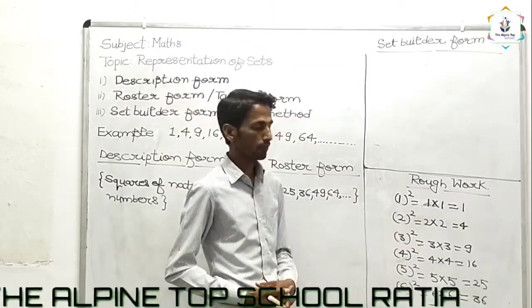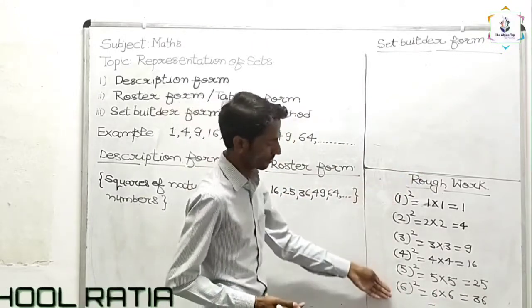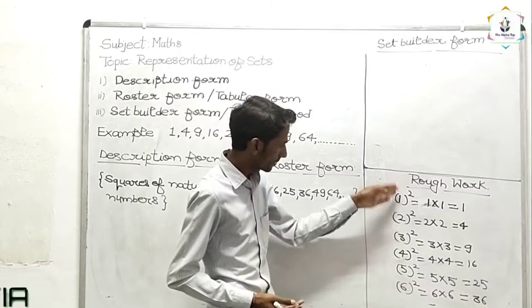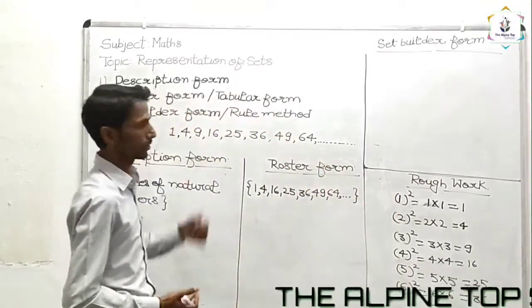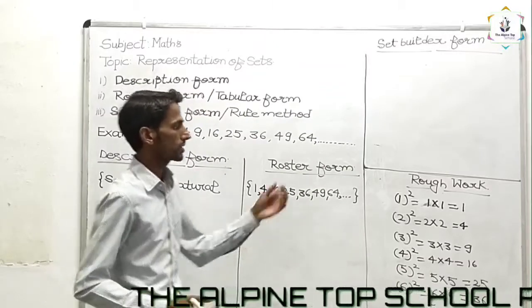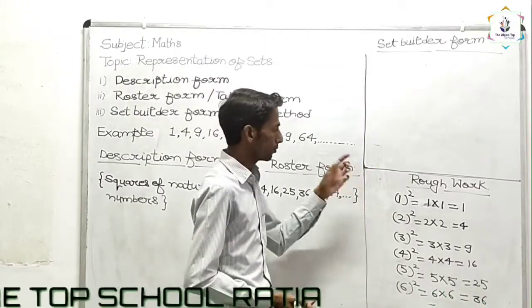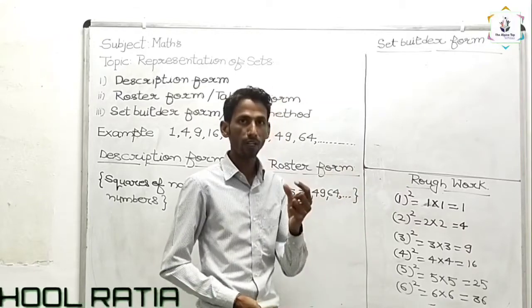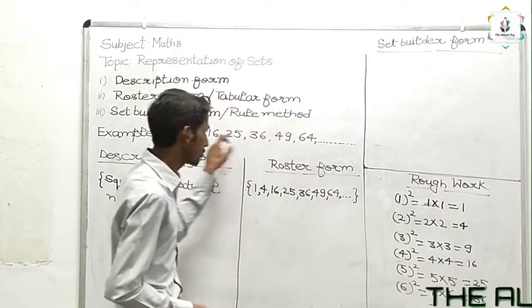Which pattern are we observing here? We are getting the given numbers by taking the squares of a natural number. This is the similarity and the common pattern under which the given numbers are noted. Now, second thing, because we are discussing the set builder form, you must have a common algebraic symbol by which we can represent each element.